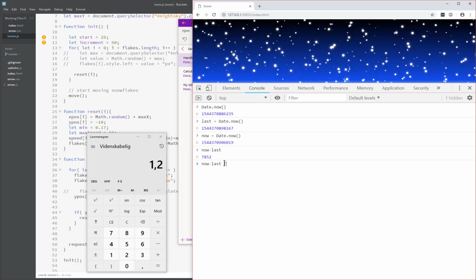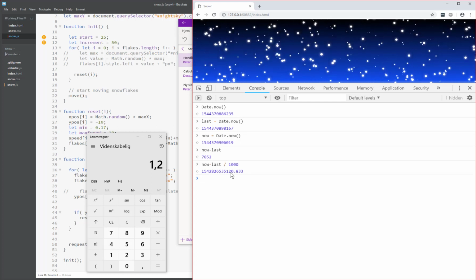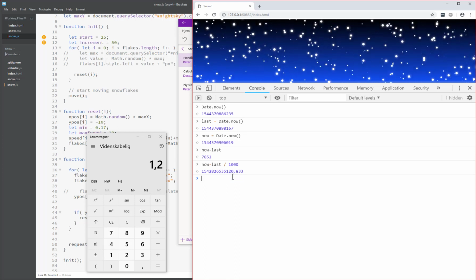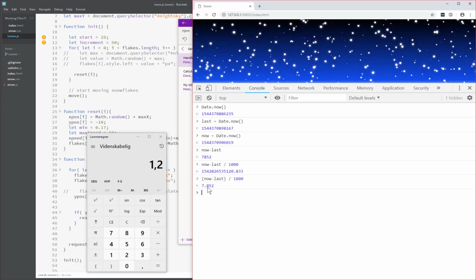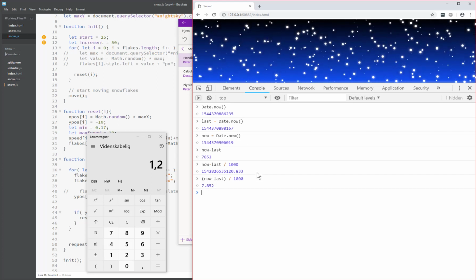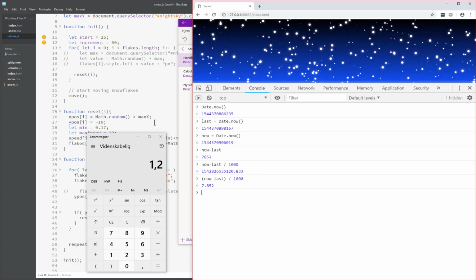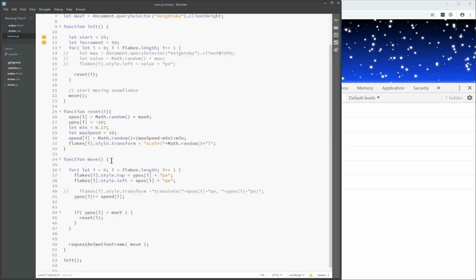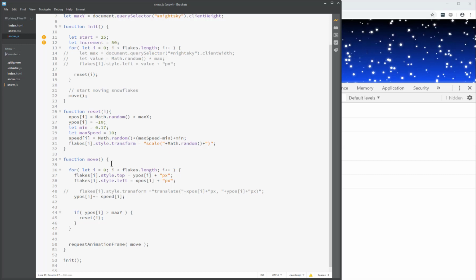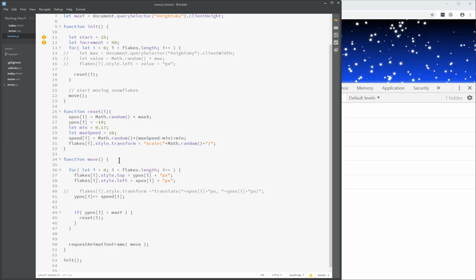I could divide that by 1000. So, oops, I have to like this. So 7.8 seconds went by since the last time I asked. So if I could somehow get this move function, ask what time is it now, what time was it last time I asked, and what is the difference.